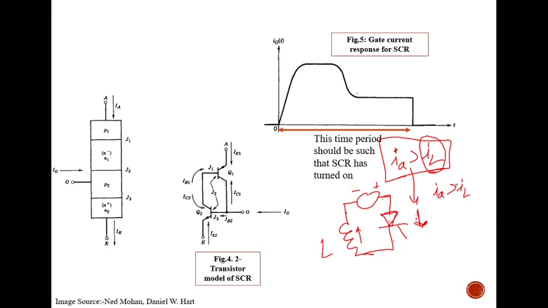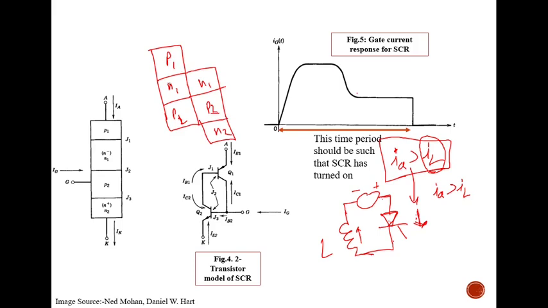So here usually a two-BJT model is involved. If you remove P2, N2, this N1, and use the characteristic in this fashion, P1, N1, this is the anode, this is the cathode, and this is the gate current involved.